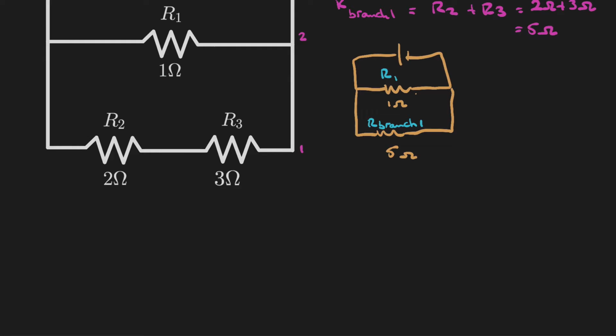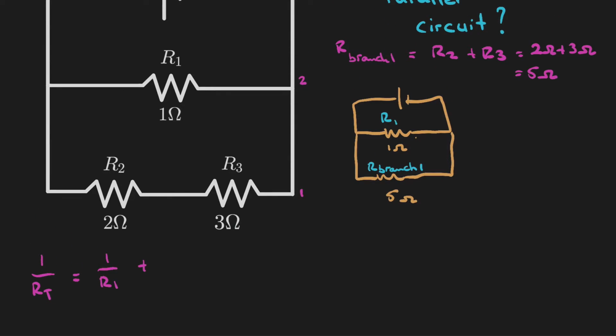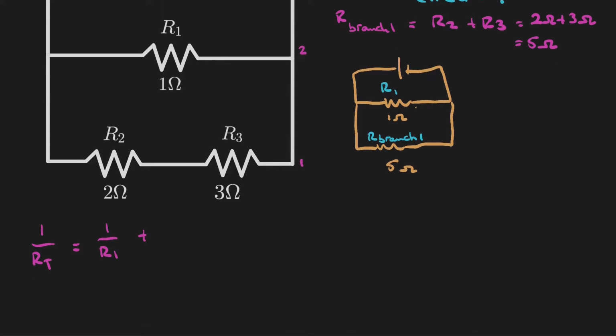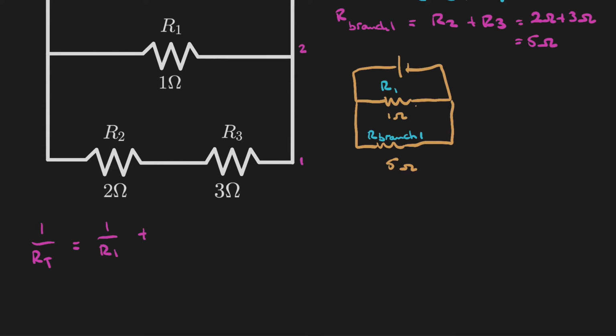So I'll go ahead and start that. So 1 over RT is equal to 1 over R1 plus 1 over R branch 1.